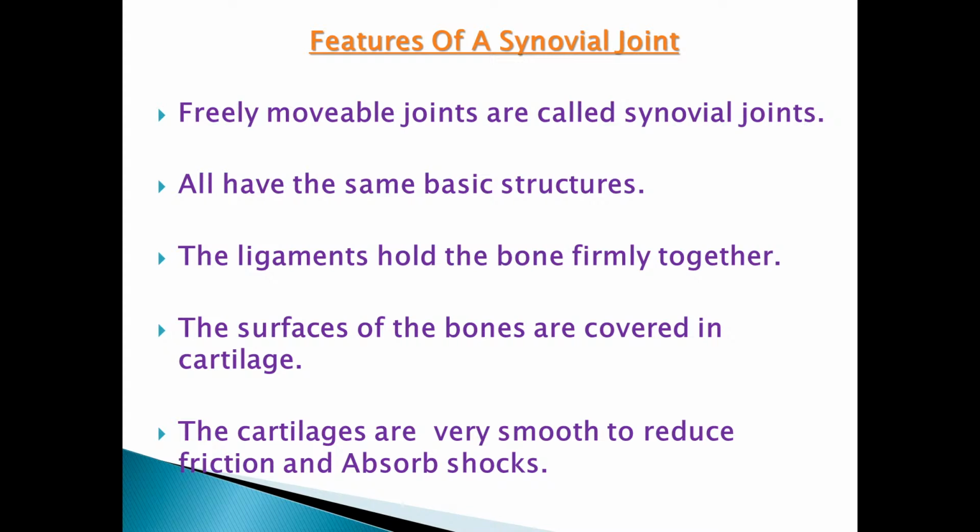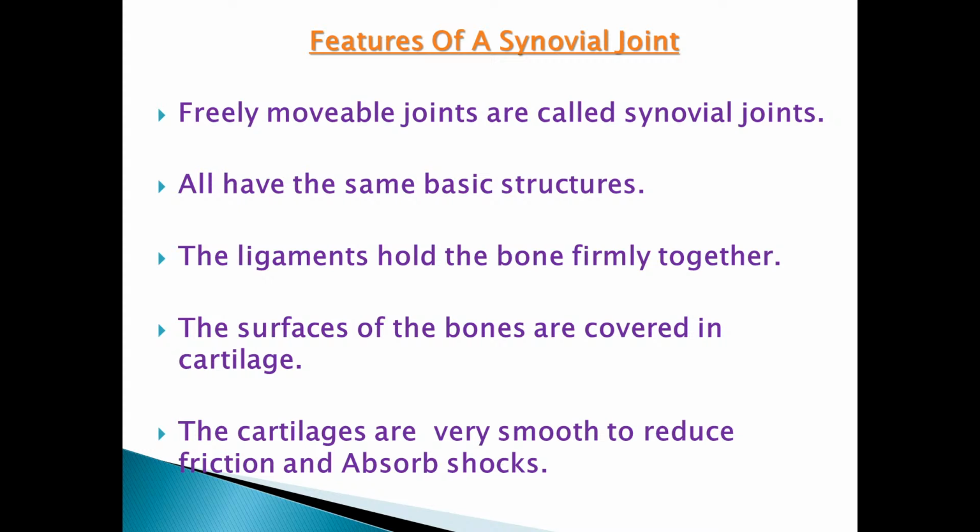So the next type of joint now is known as synovial joints, and synovial joints are also called movable joints. So again, once you're looking at joints, just remember that a joint is where two or more bones meet. If you have two bones meeting, then that is a joint, and if you have more than two bones meeting, then that is a joint.